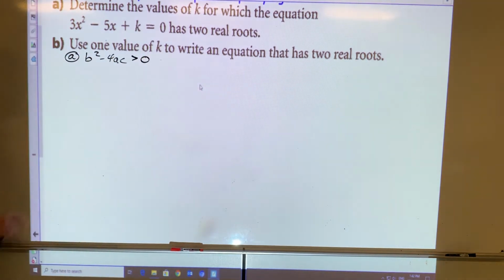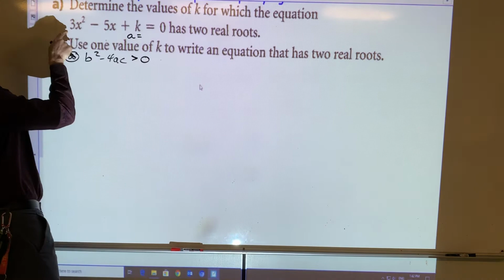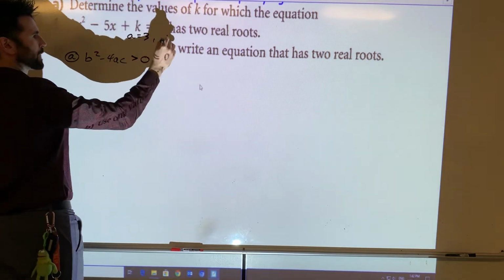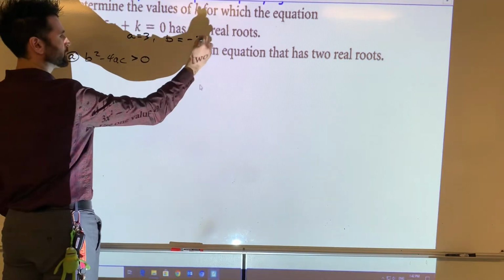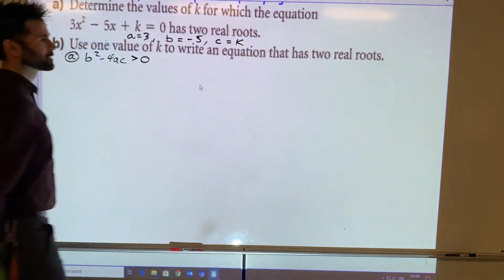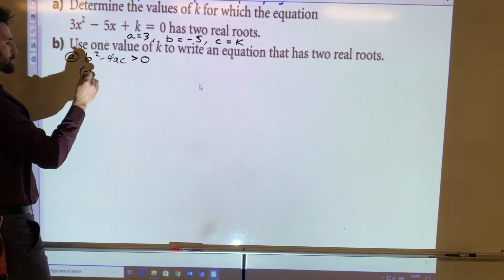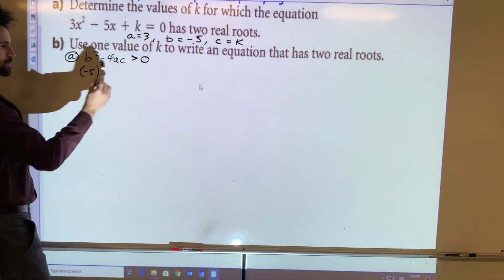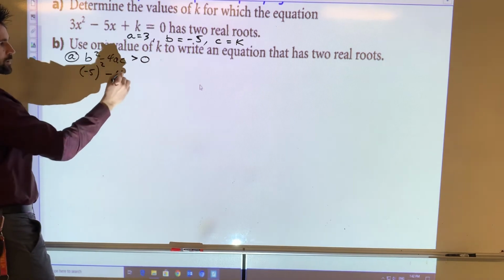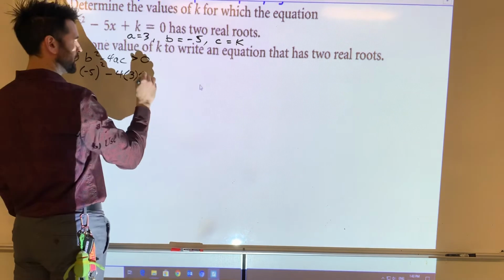So if I can solve this equation, I might be able to figure out values for k that work. Now this is already set equal to 0, so I can go ahead and just write, well, my a value is 3, my b value is -5, and my c value is k. So now I can plug that in: b is -5, so I have -5 squared, minus 4 times a, which is 3, and c, which is k.